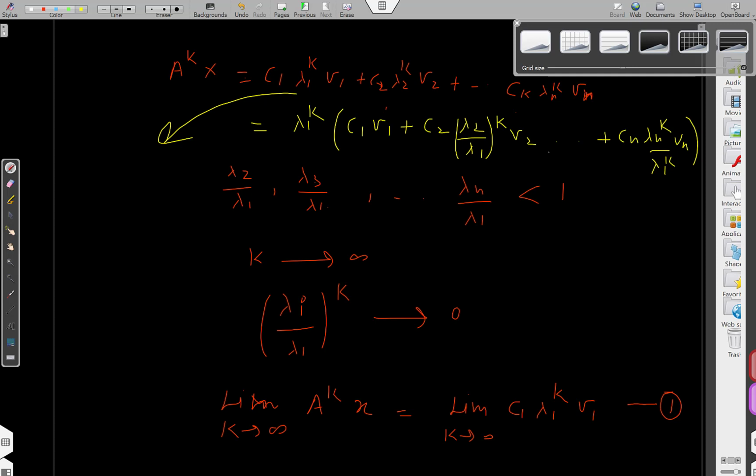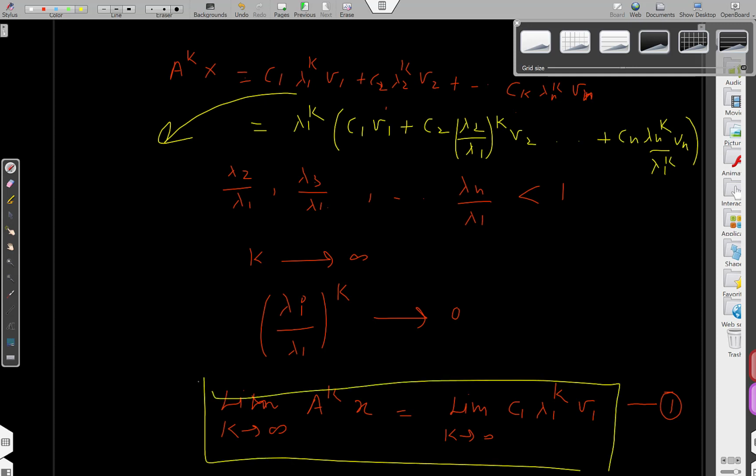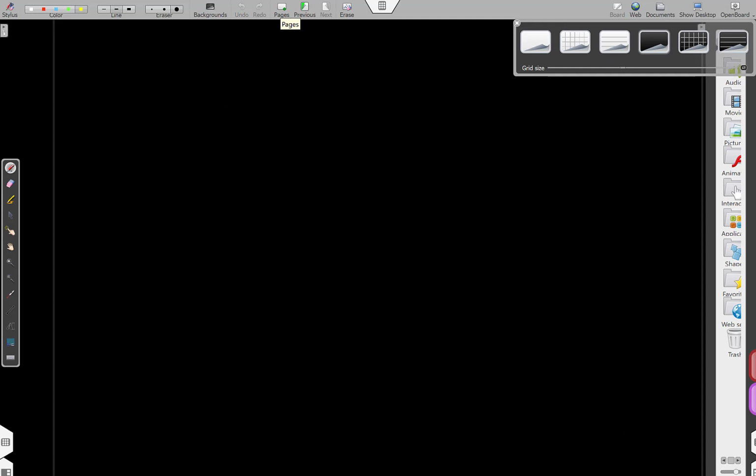So all these values will become 0 as k is tending to infinity. So we can write this condition here like that: A raised to power k x equal to this value. Okay, so let's discuss this.